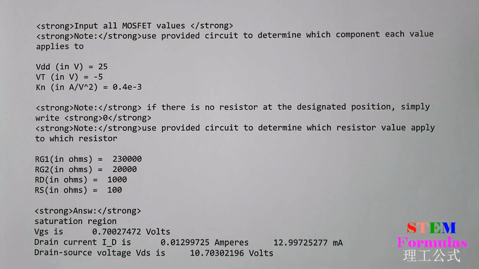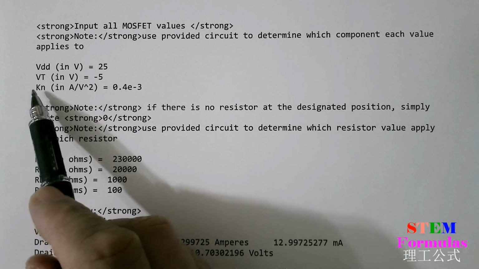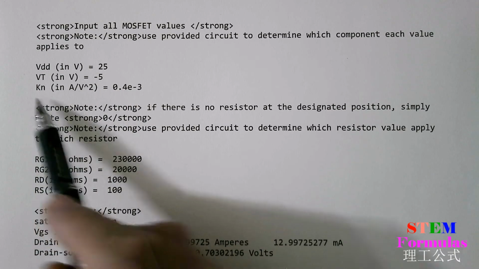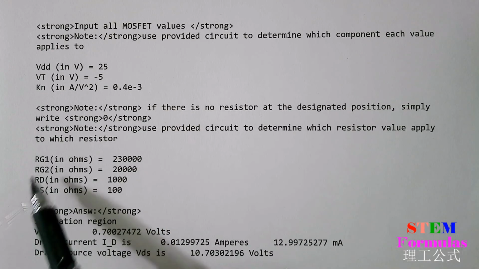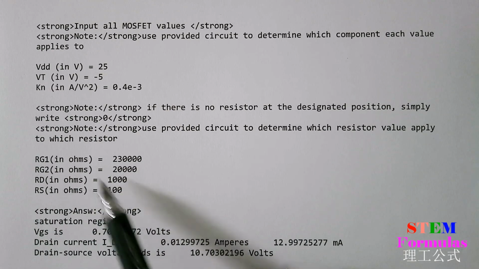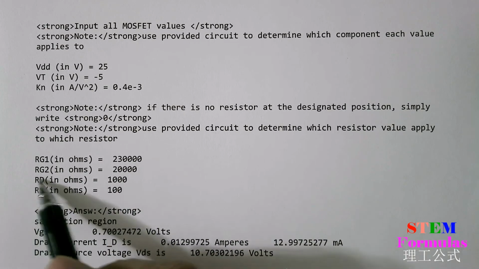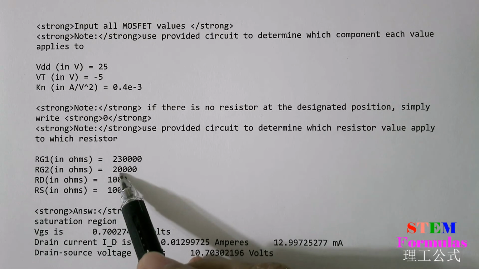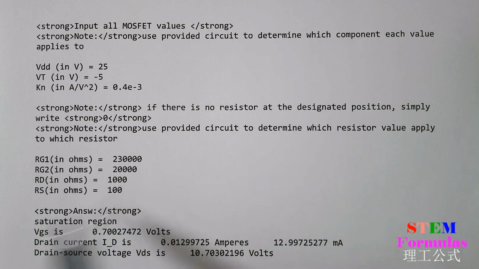To solve this problem, we need to input the quantities into Matlab code. Here we have VDD equal 25 volts, VT equals -5, Kn equal 0.4 times 10 to the minus 3. RG1 in ohm equal 230,000. RG2 equal 20000. RD equal 1000 and RS equal to 100.